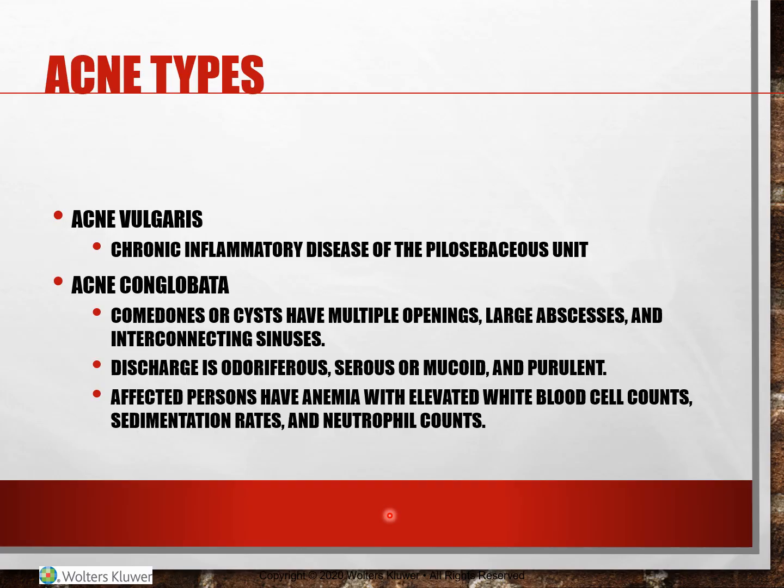There's often more significant discharge as well that can sometimes be odoriferous, serous, or mucoid, and can also be quite purulent. And because of the increased severity, sometimes affected persons even get anemia and elevated white blood cell counts, increased erythrocyte sedimentation rates, and increased neutrophil counts. So much more significant systemic effects of this inflammatory condition.